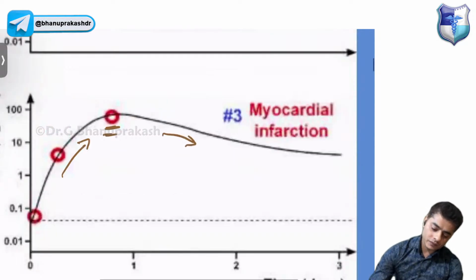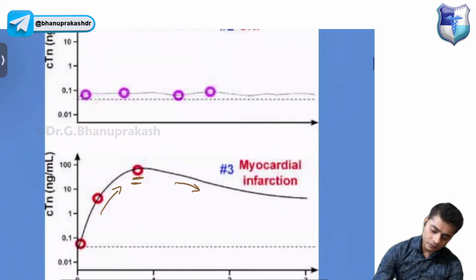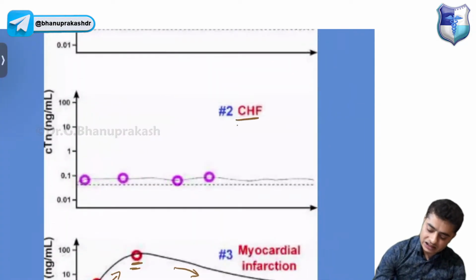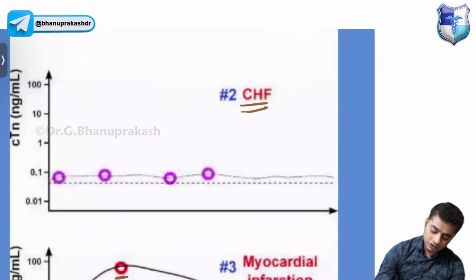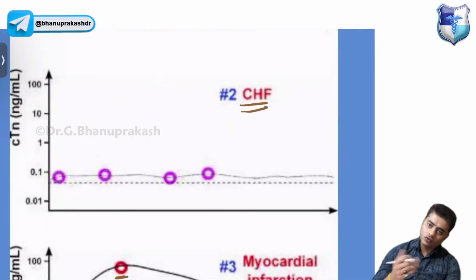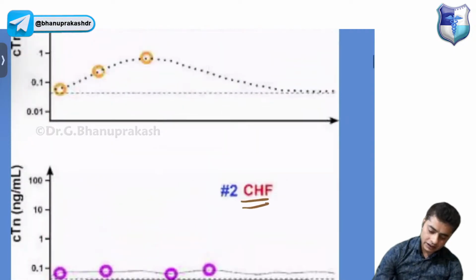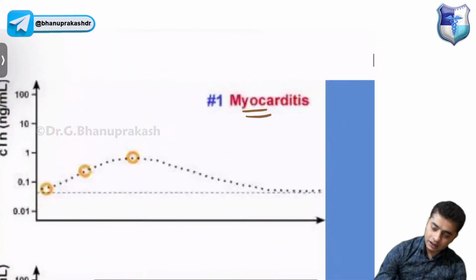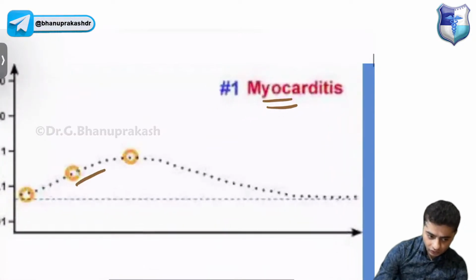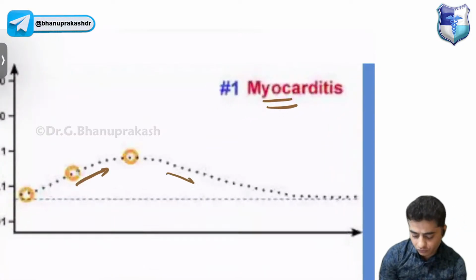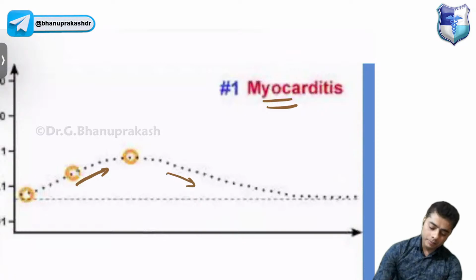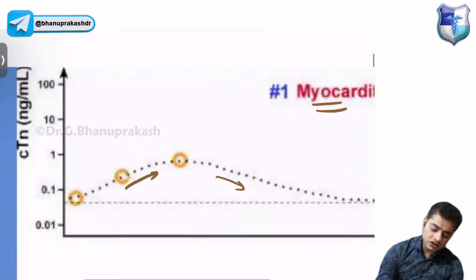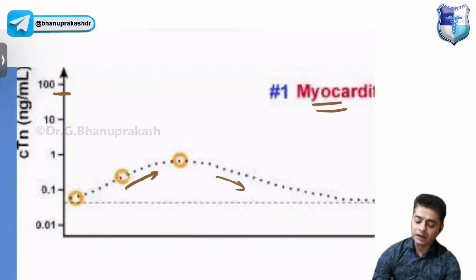So this is MI. Here you are seeing a congestive heart failure patient where Trop I is elevated, but there is no acute rise or acute fall. That is CHF. Here you are seeing myocarditis. There is an acute rise and acute fall, but none of the values are above the 99th percentile. That's why we haven't labeled this as acute MI.